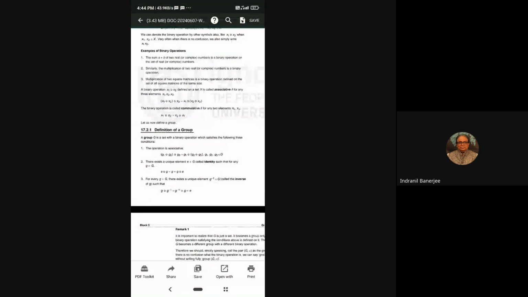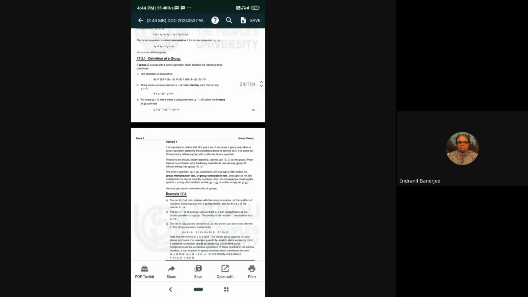Okay. Let us move further. So to realize, G is just a set. It becomes a group only when a binary operation satisfying the conditions above is defined on it. The same set G becomes a different group with a different binary operation. So strictly speaking, we should say the pair (G, ∘) is the group, but when there is no confusion about what the binary operation is, we can say group capital G without writing this fully.